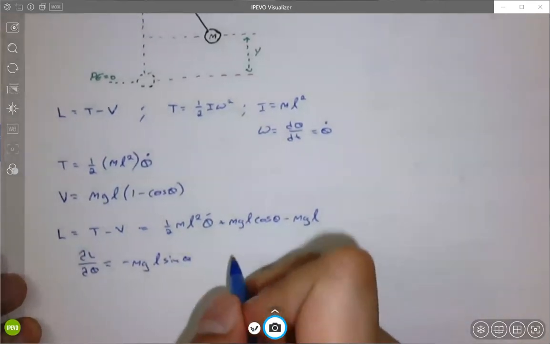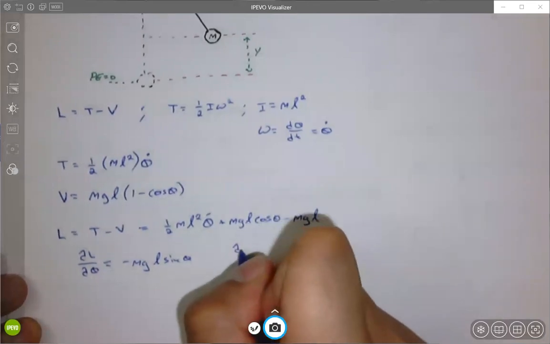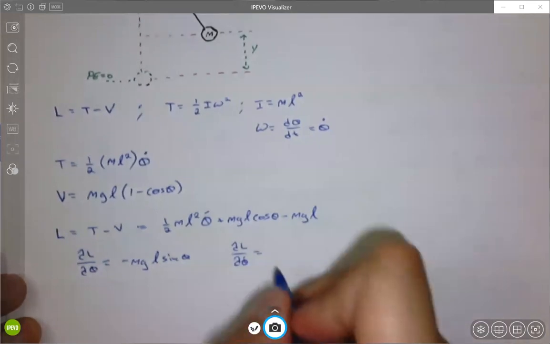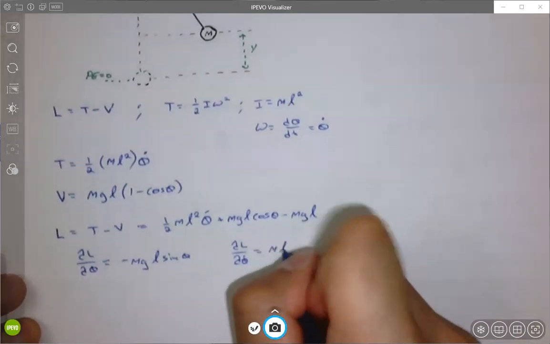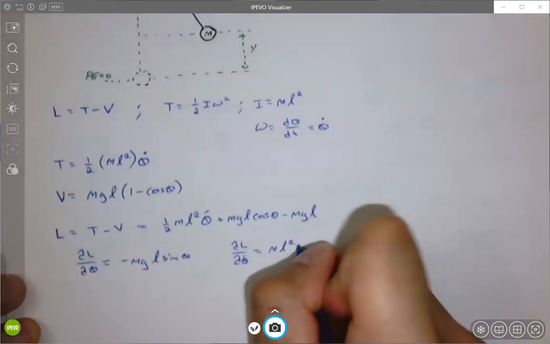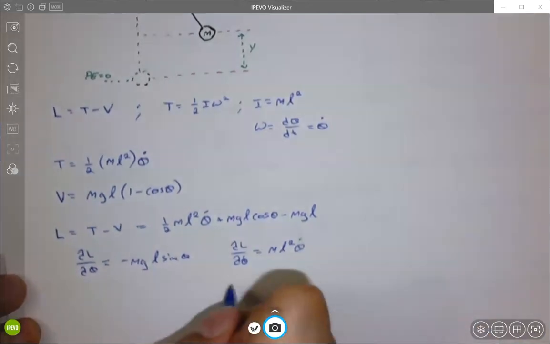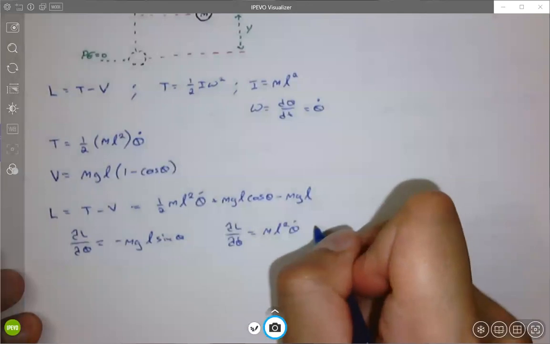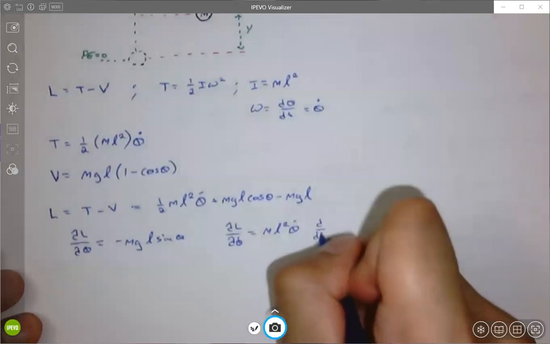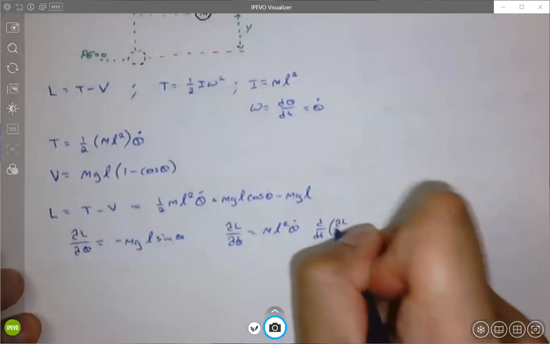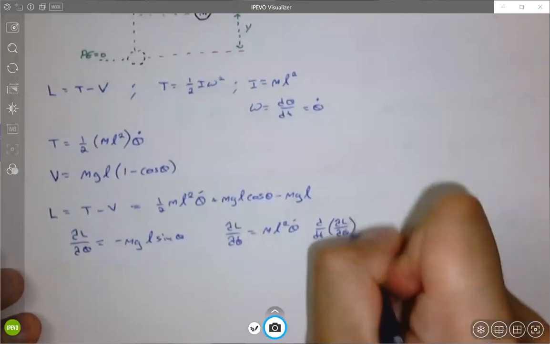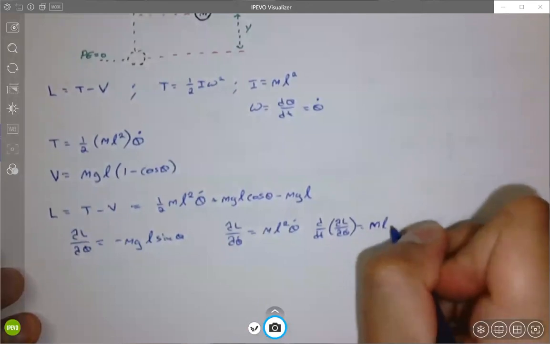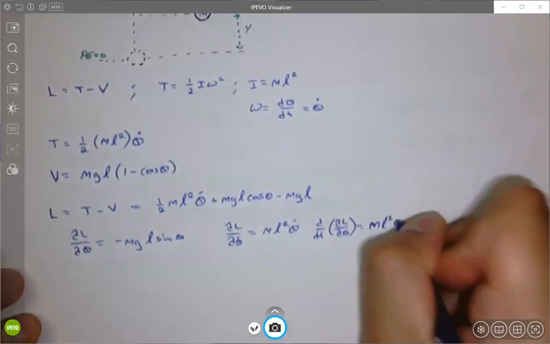For the other term, we have dL over d theta dot, and that's going to equal ml squared theta dot. From here, we could actually put it all here. d/dt of dL over d theta dot will equal ml squared theta double dot.